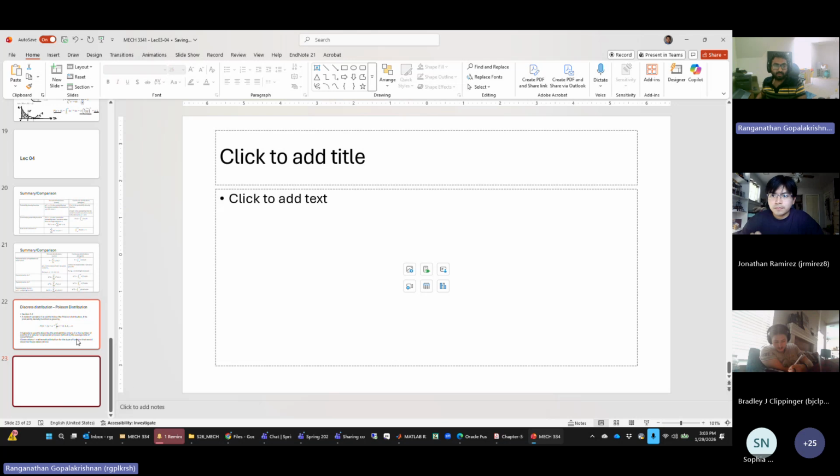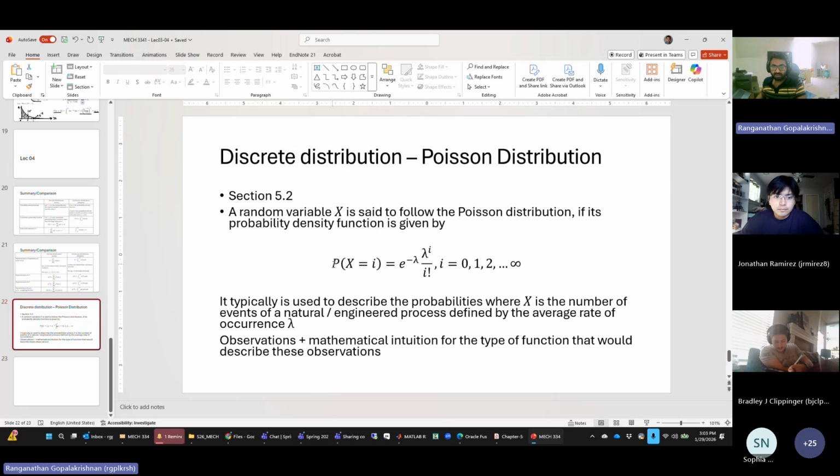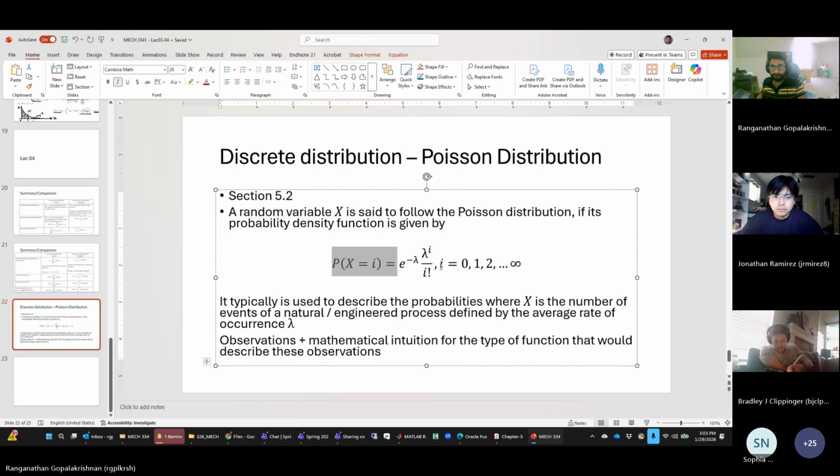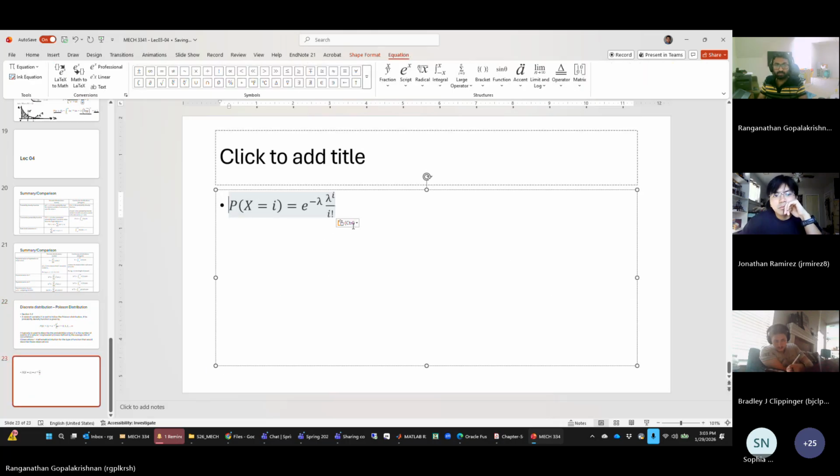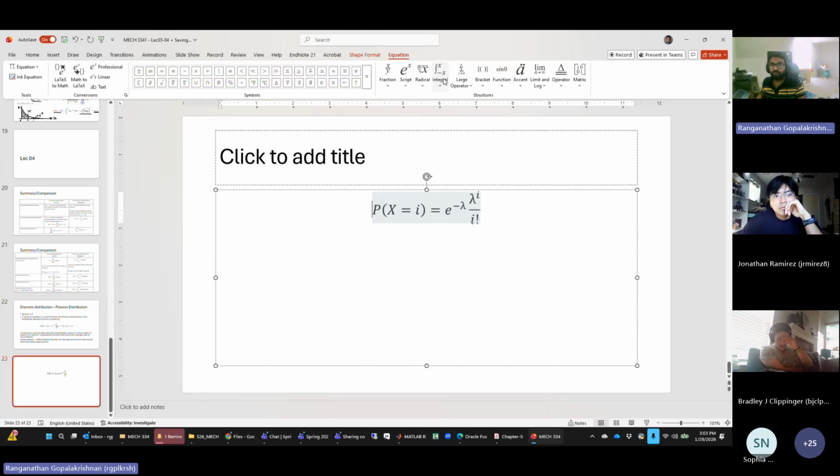So if I write this function, and I have to sum this up from I equal to 0 to infinity.